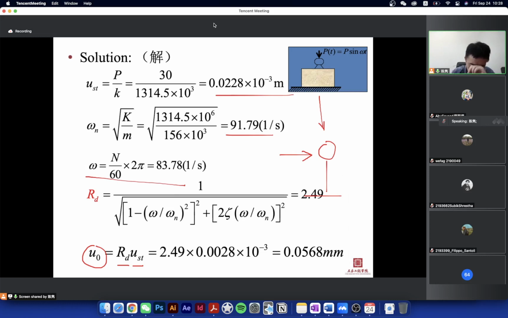Any questions here? This part is very important. I must warn you, if you don't understand what we're talking about here, it's very difficult for you to catch up later with other chapters. Okay, good. If you don't have questions, we can move on.